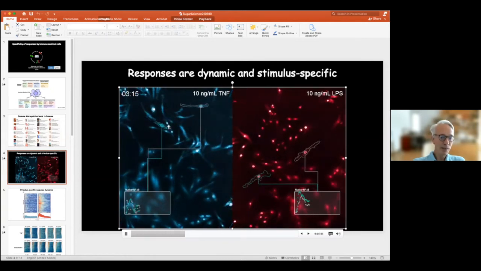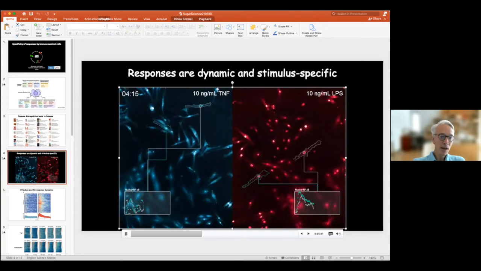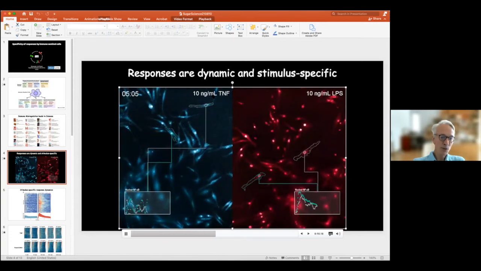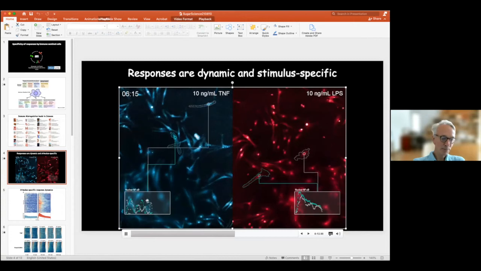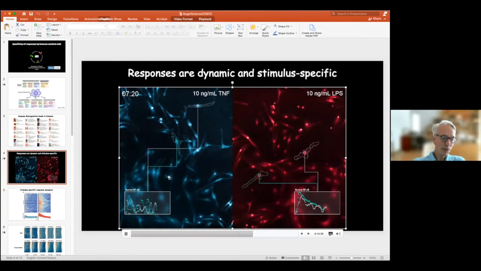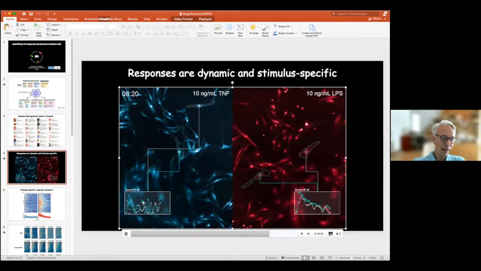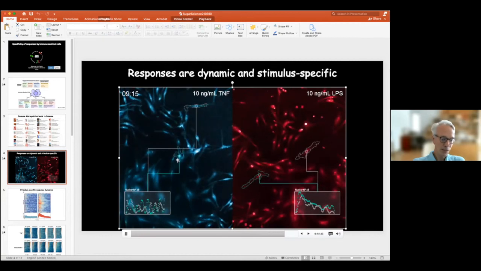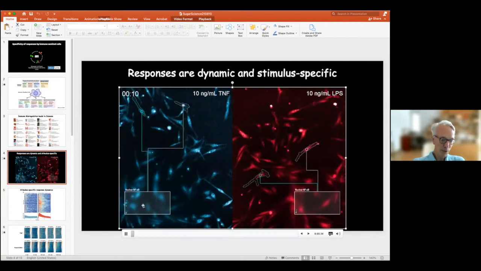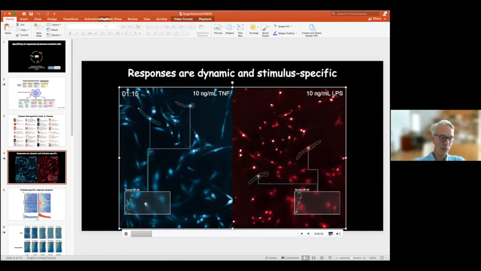These are macrophages in a dish, and you see that they're exposed to a cytokine called TNF, and they respond in a way where this transcription factor, which is labeled fluorescently, responds in an oscillatory manner.